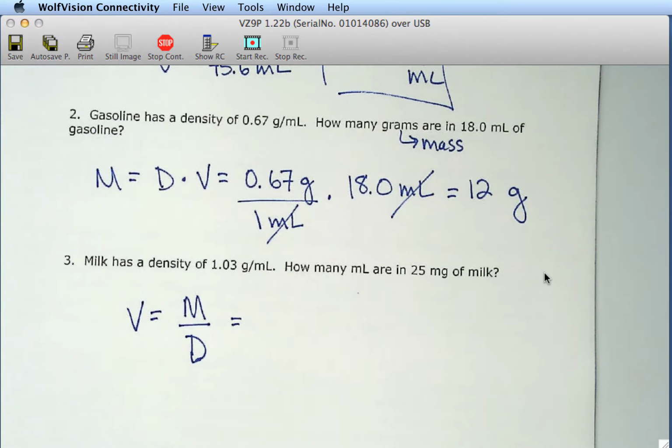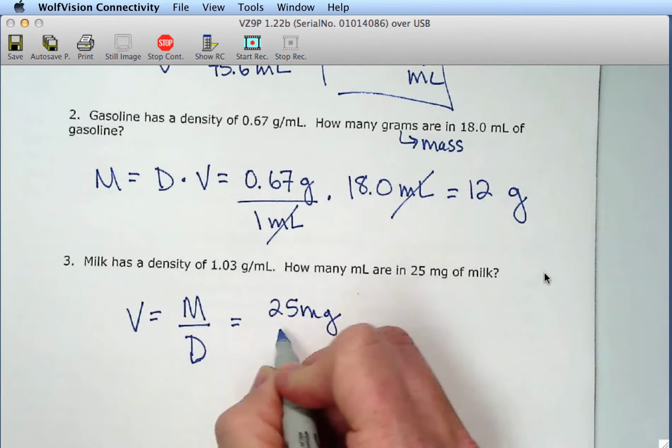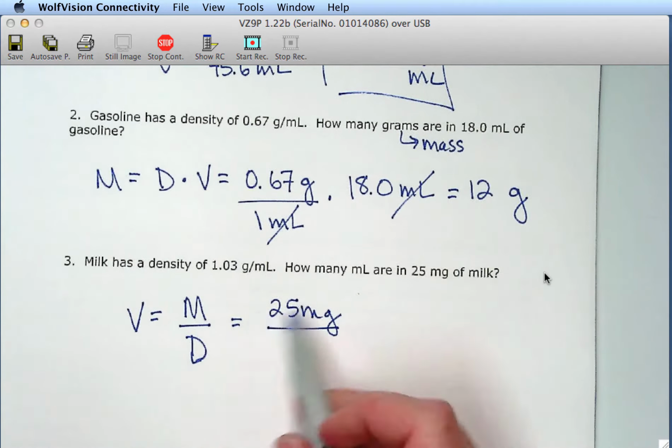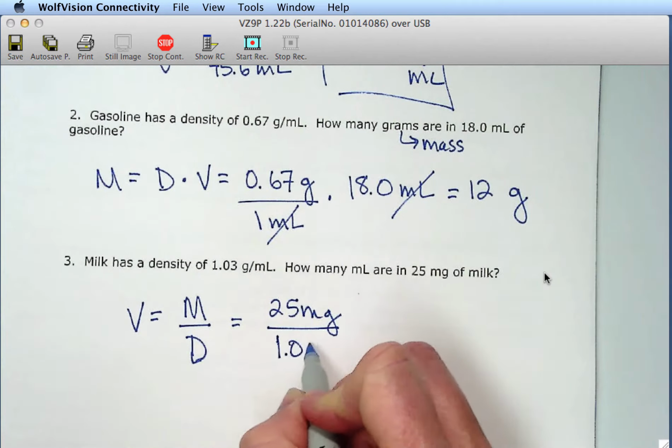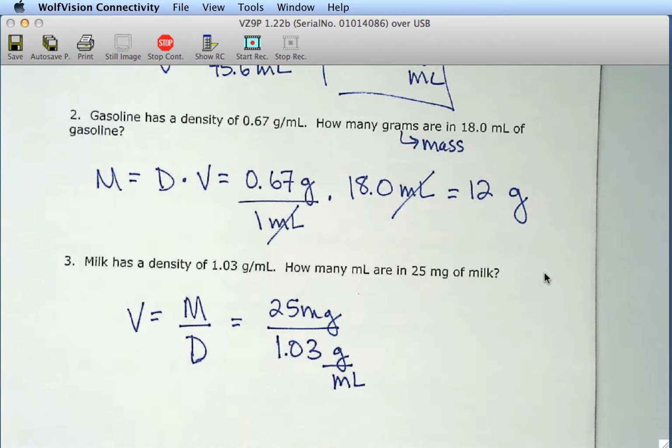Where this density triangle can get tricky is when you're dividing fractions by fractions, because when you divide by a fraction, you're actually multiplying by the reciprocal. Remember that? So it gets tricky. If you put the mass over this, 25 milligrams divided by 1.03 grams per milliliter, you're thinking, I hope these units work themselves out in the end, because I have no idea what units I'm going to come up with.